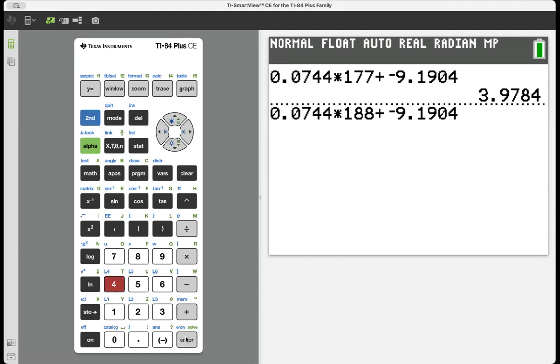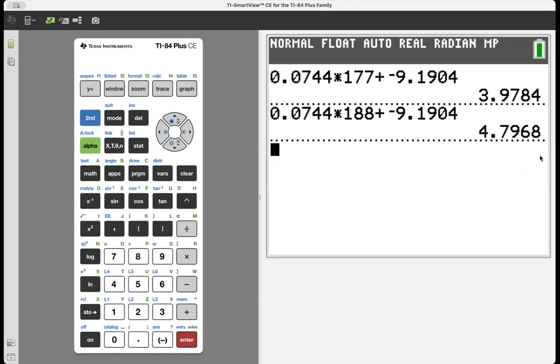Okay, and I expect this to go up because in a positive correlation, as x increases, y also increases. So I expect this to go up, and it has. Okay, so these are the two FEV1 values for the differing heights, 177 centimeters and then 188 centimeters.